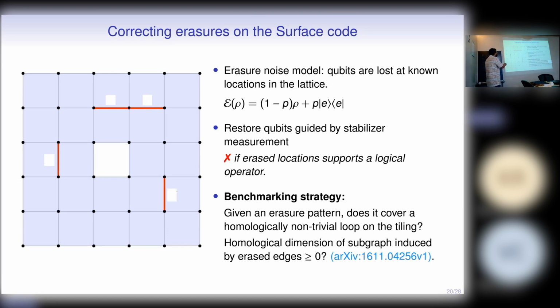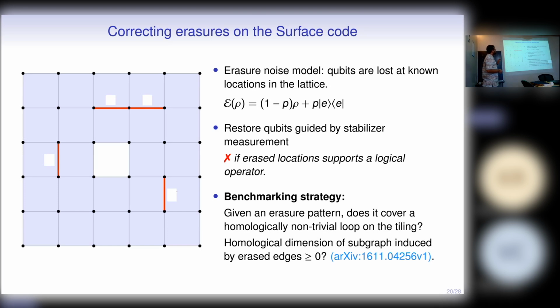In other words, if you look at the error as a chain, and if it wraps around a hole, then you don't know what state it was in before. Because it could have been in the 0 state and nothing could have happened, or it could have been in the 1 state and a logical Z could have occurred, pushing it into a 0 state, but you still don't know what it was before.